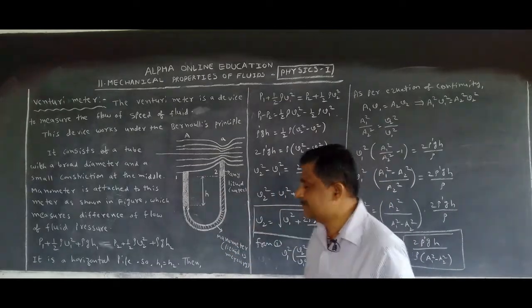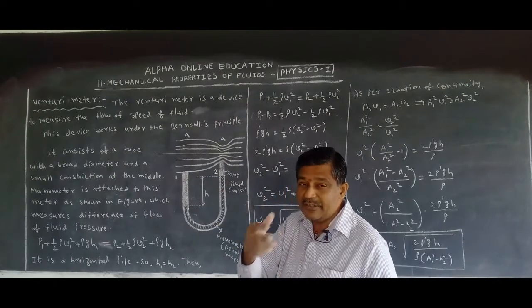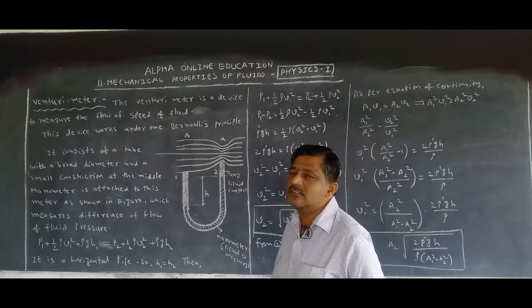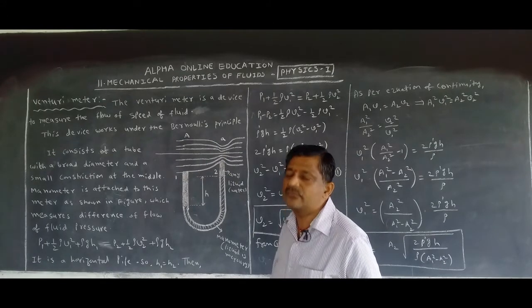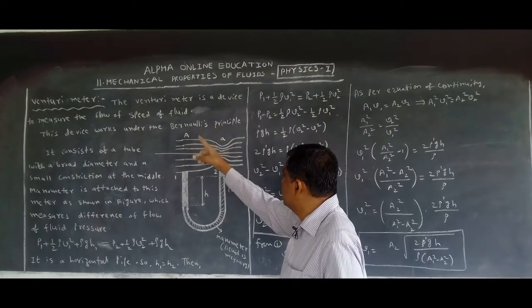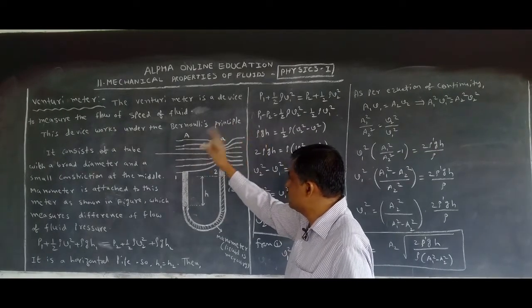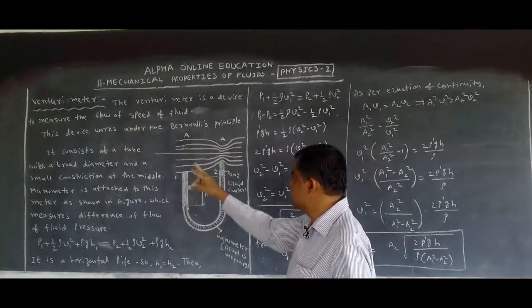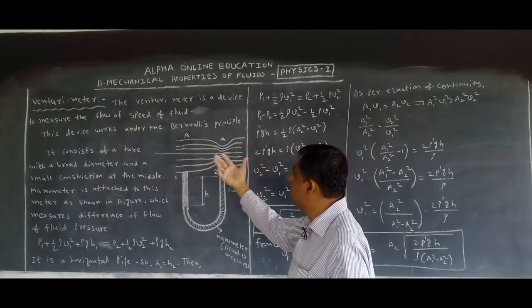Now let us see, with the help of the Venturi meter, what we can find in science: the speed of the fluid, or the flow speed of the fluid. The Venturi meter is a device to measure the flow speed of the fluid. This device works under Bernoulli's principle.